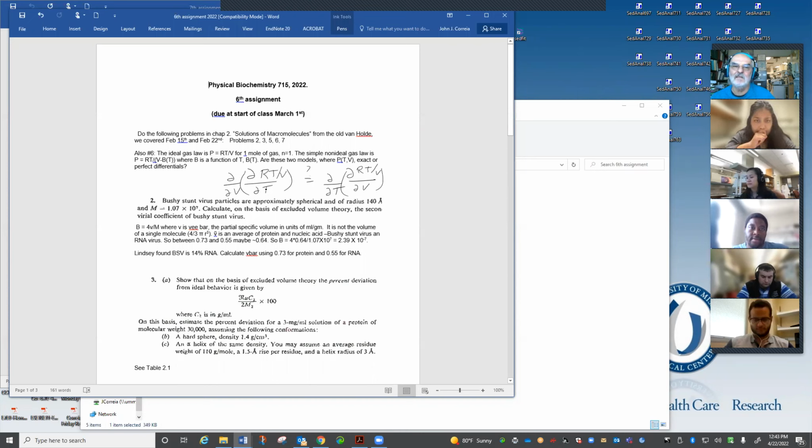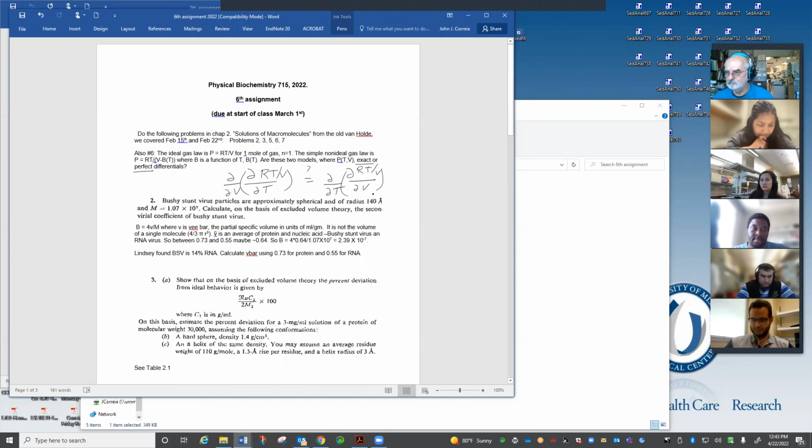If you get exactly the same answer, then it's an exact differential, or what some books call a perfect differential. So it's just nomenclature. You're taking the derivative with respect to T and then V, or V and then T. Does it matter what order you do it in?